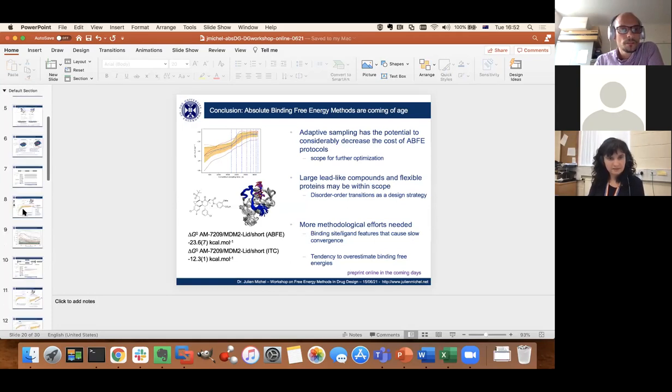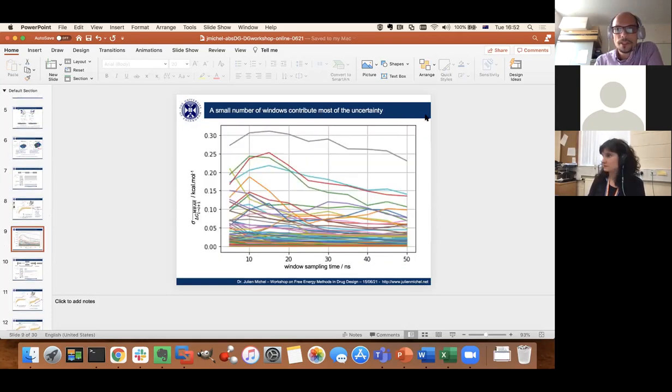Yes, so I think one way to understand that is if you look at this profile where you see the scatter in uncertainty for each window in the lambda schedule. If you set the bar very high, say 0.2 for the sake of argument, then essentially very early on after your first epoch, you're going to discard all these windows.